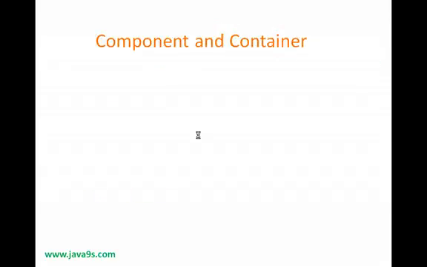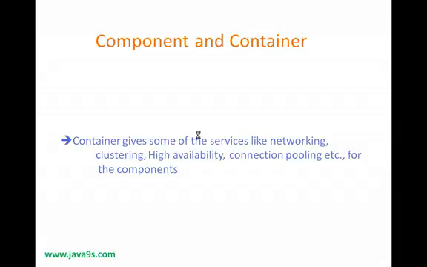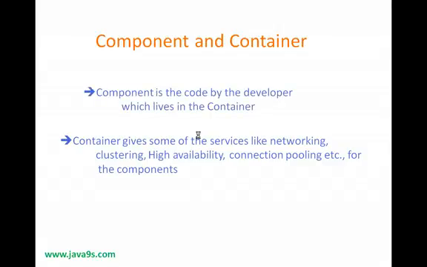Now, it is important to understand the difference between the container and the component. A container is something that gives support for secured communication over the network, whereas the component is the application code that runs the business logic like inventory management or supply chain management in the client and server environment.